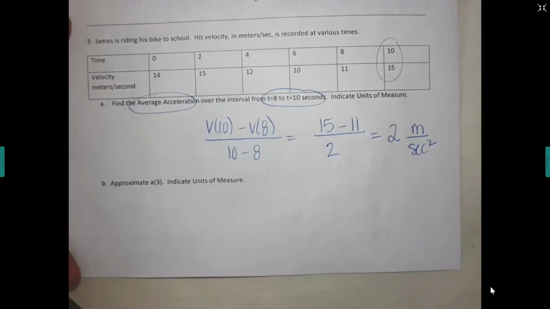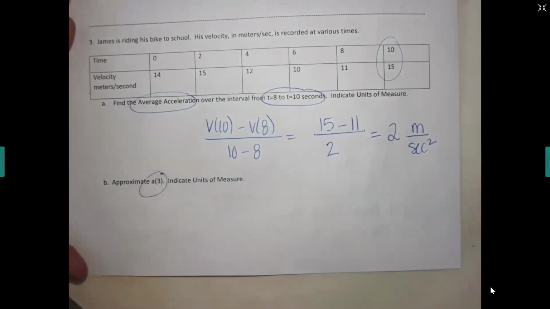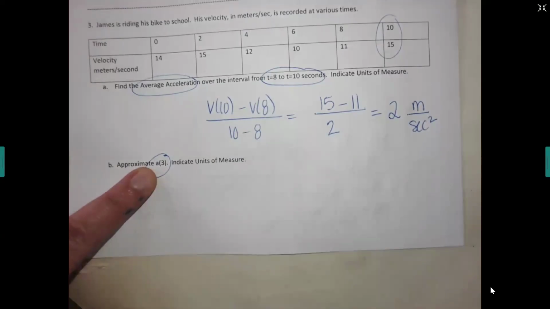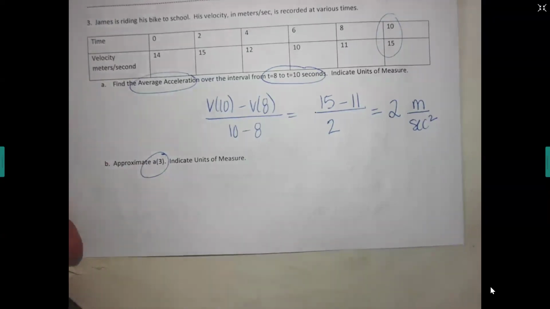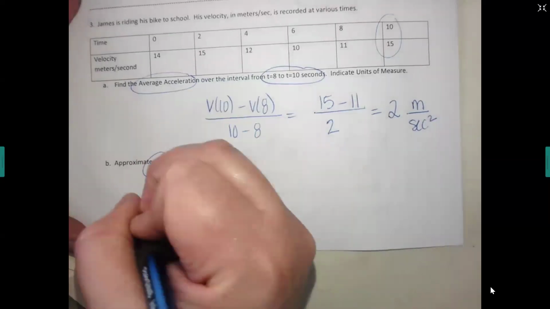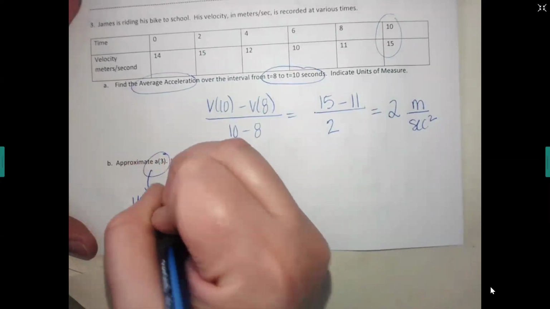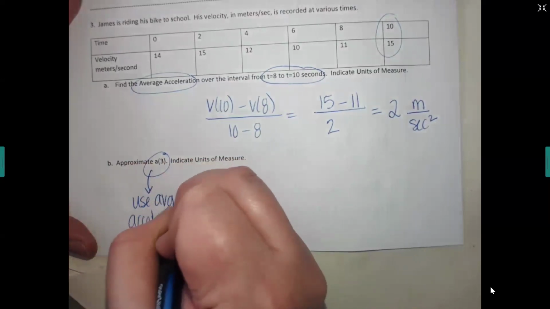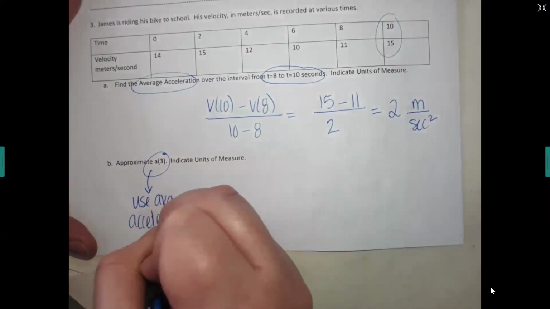Now look at part B. It says to approximate A of 3. I can't give the exact acceleration at 3 because I don't have the equation to take the derivative and plug it in. But what interval surrounds 3 that I could find the average acceleration on? 2 to 4, very good. So you're going to use the average acceleration, or AROC, on 2 to 4.